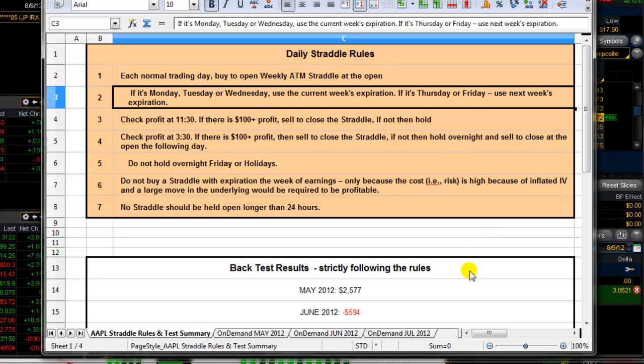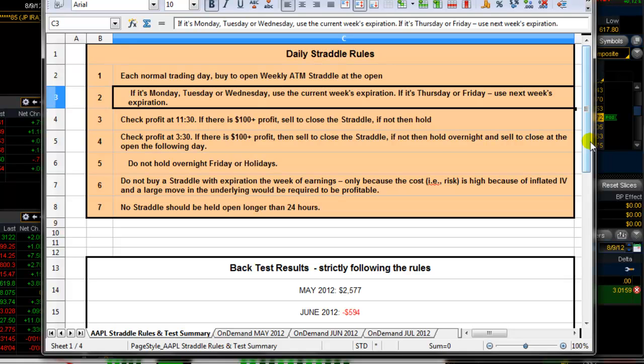And on Thursday morning, when the new options for the following week are listed for the weeklies, it may take a while for those to get off the launch pad, so to speak. You may not be able to get into it right at the open. It may be 5 or 10 minutes after the market opens when they start getting a little bit more liquid and more fluid.